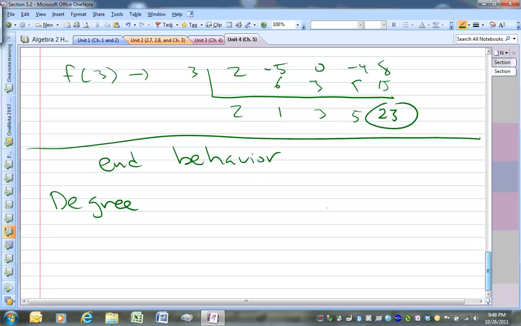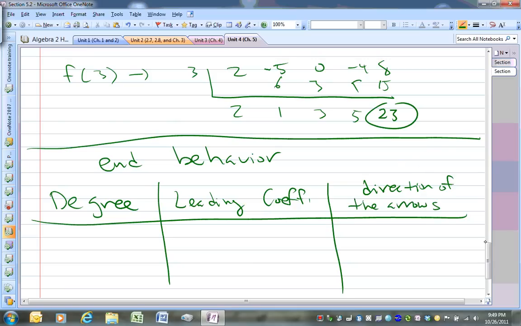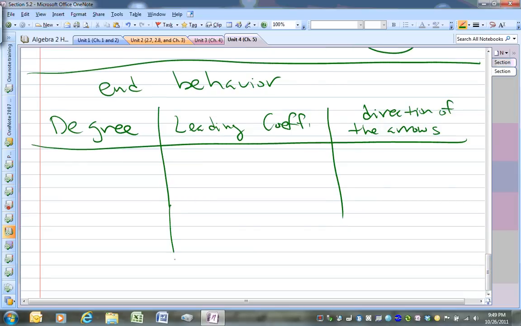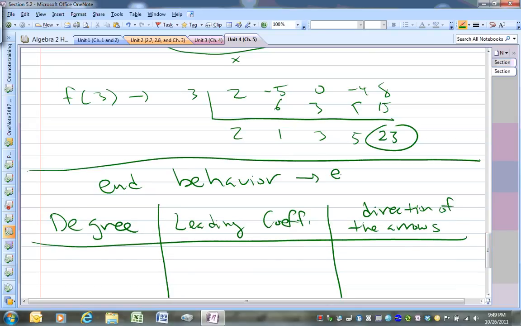We're going to look at the degree. We're going to look at the leading coefficient. And we're going to look at the direction of the arrows. And when I say arrows, what I'm talking about are the ends of the graph.